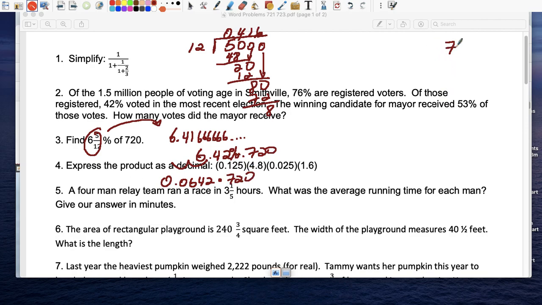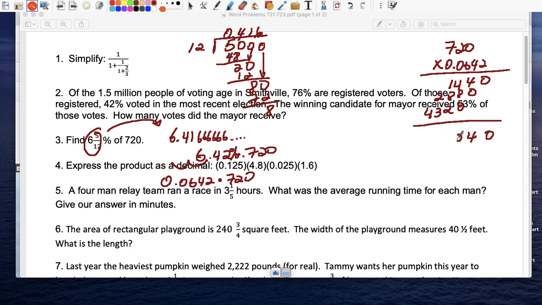So 720 times 0.0642. That's 0.414, and then 0.828, and then we're going to do 0, 12, and 43. 0, 4, 12, carry 1, 12, carry 1, 6, 4.